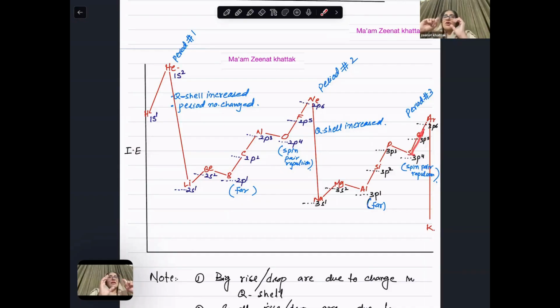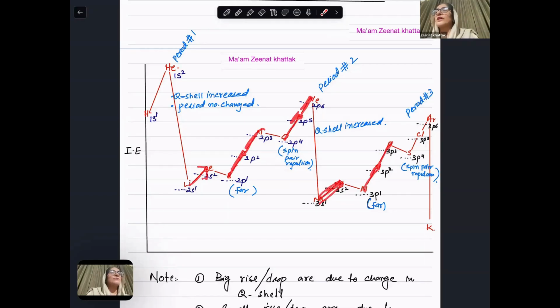When they ask you why there is such a big drop, it's because the quantum shell increased and the size is getting large. Why a big drop? Quantum shell increase. The atoms are getting larger. Next, why is there an increase in the ionization energy? Because of increased nuclear attraction in a smaller size.